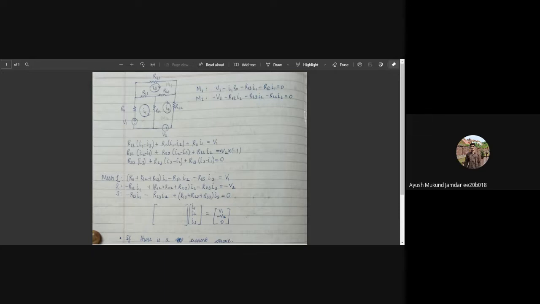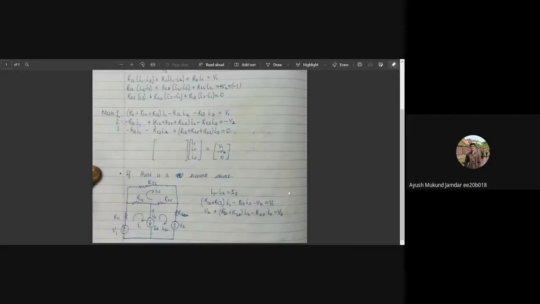Again, one can ask what if there are current sources as well. When there are current sources, we can use the same approach we used for voltage sources appearing in the nodal analysis. That is, we can assume an arbitrary, unknown variable, Vx, the potential difference across the current source, and we'll have one more equation to solve the circuit, as you can see in the example given over here.